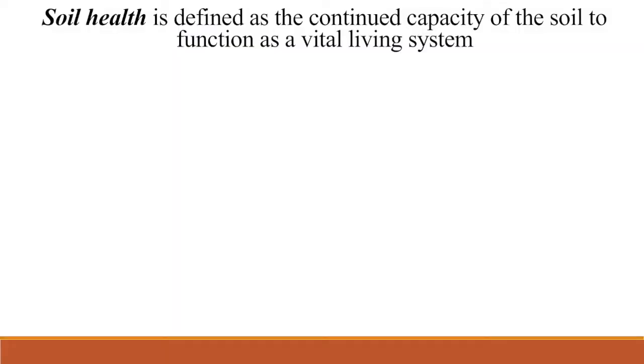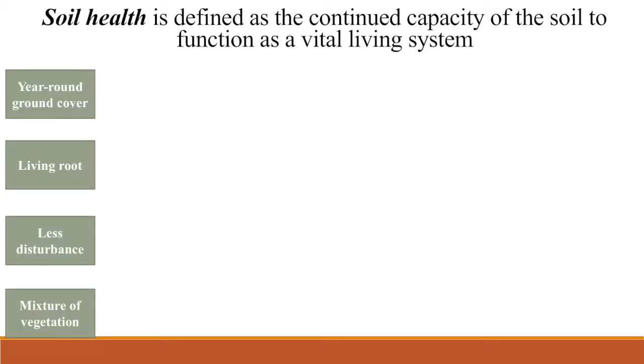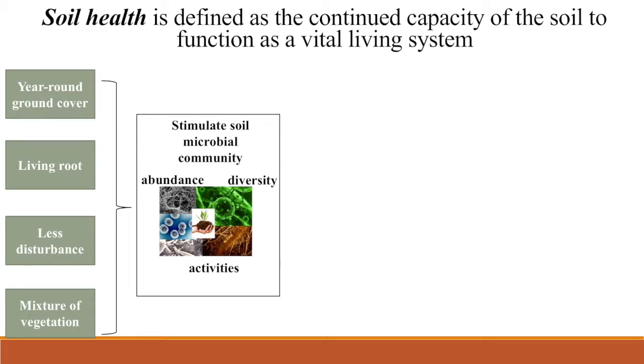Soil health is defined as the continued capacity of soil to function as a vital living system. Four soil health management principles were proposed by NRCS: year-round ground cover, living roots, less disturbance, as well as a mixture of vegetation. All those management practices will stimulate the soil microbial community to be abundant, diverse, and active.